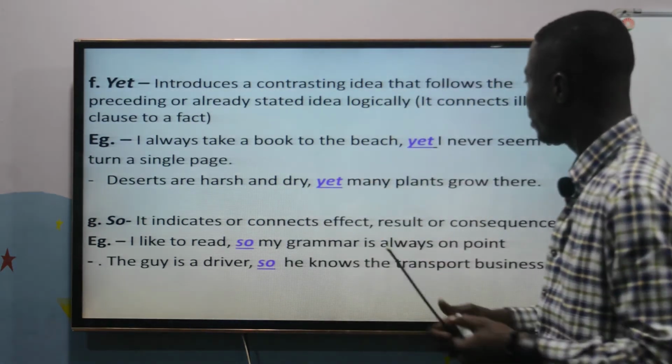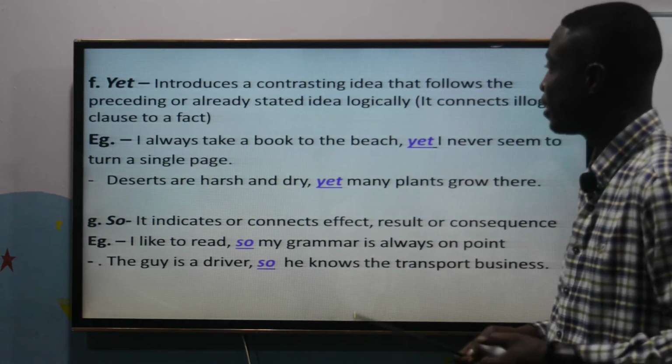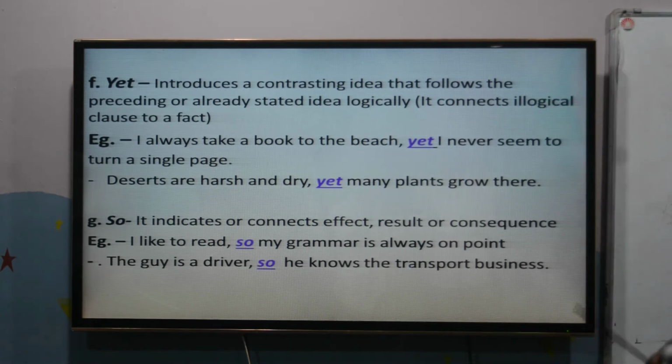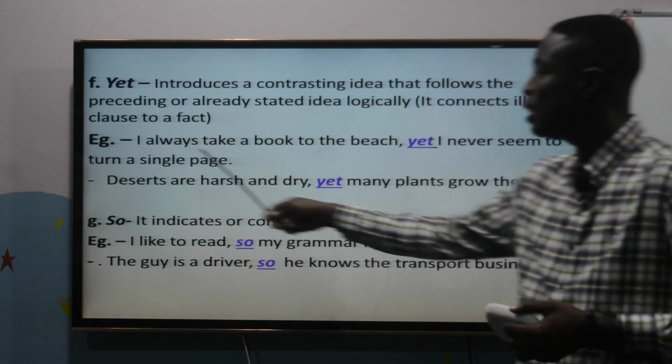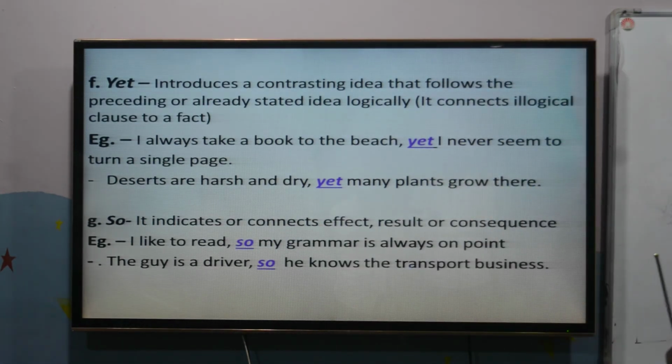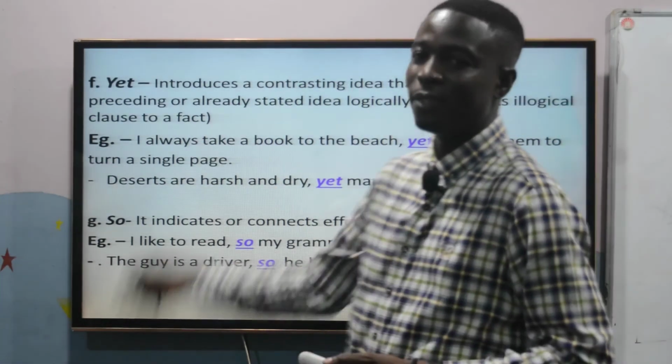We use "yet" to connect a contrasting idea that follows the preceding, and the preceding is the first part of the sentence. That is "yet" for you and what it seeks to do.